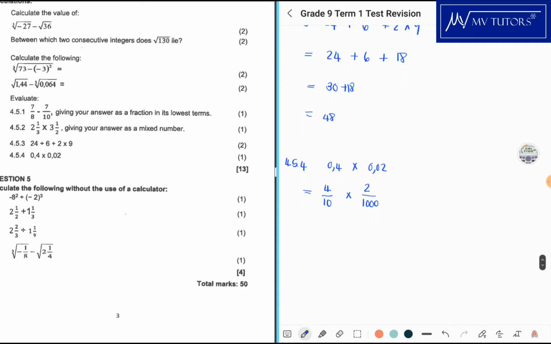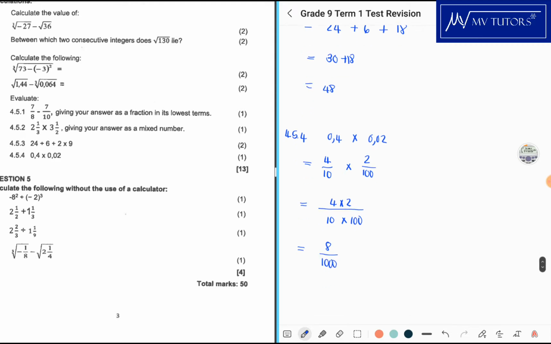It makes things a bit simpler, because with fractions, you multiply the numerators together, then you multiply the denominators together. So 4 times 2 is 8, and 10 times 100 is 1,000.